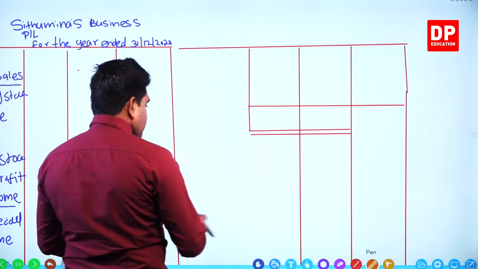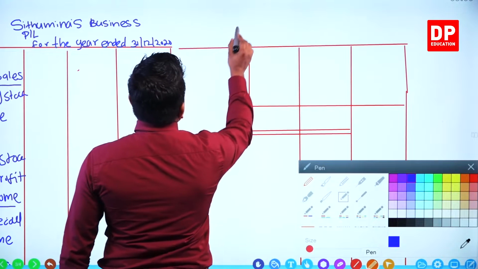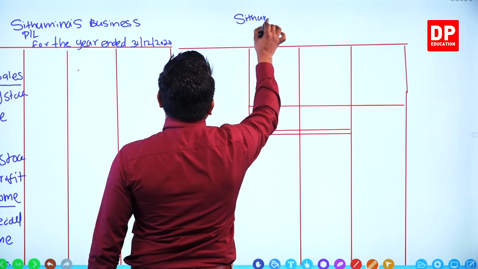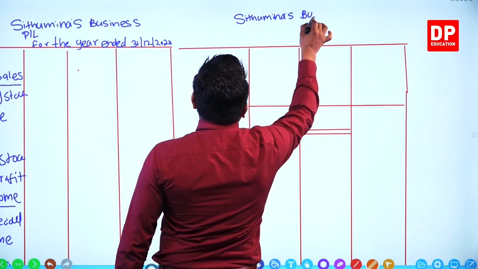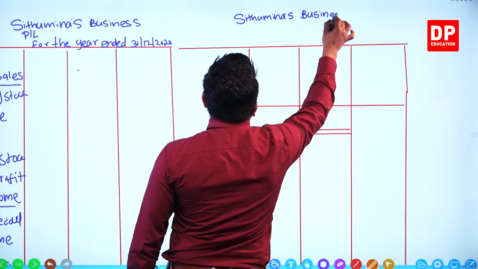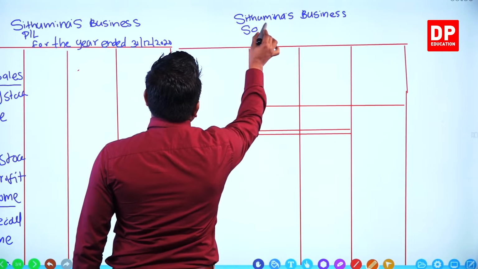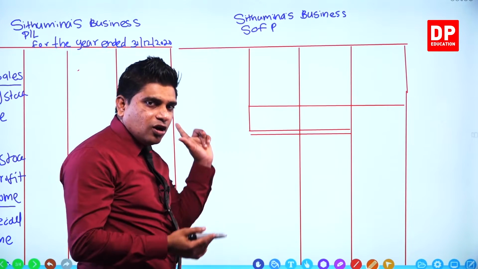Now here we are going to write the name, Situmina's business, same business, no? Situmina's business, right?